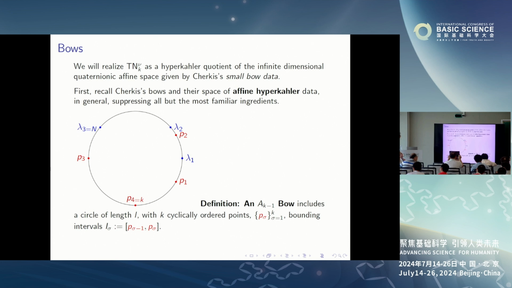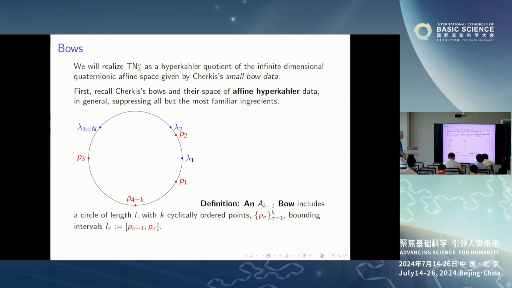And in addition to those P points, we have lambda points, the red and the blue. The P points are somehow associated with the geometry, the way you should think about it. The lambda points are going to be associated with the vector bundle data. So the P's encode the geometric data, the lambdas encode the bundle data.